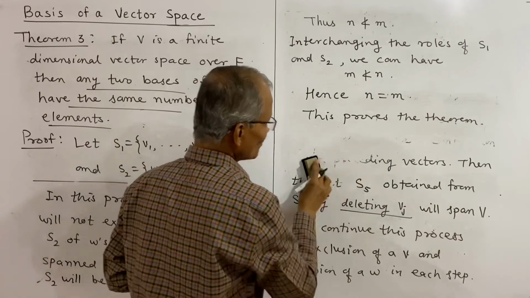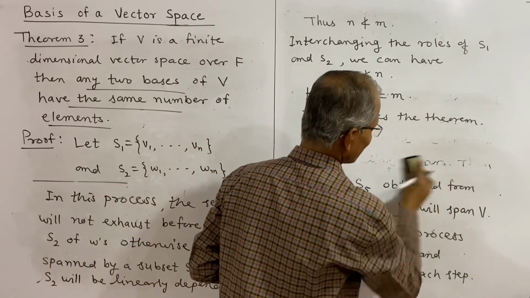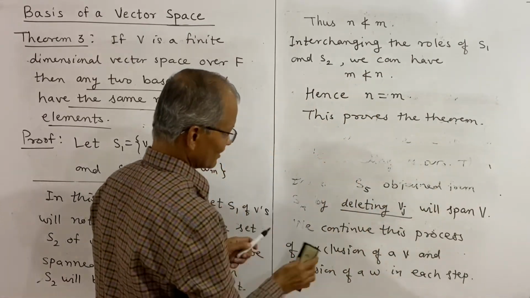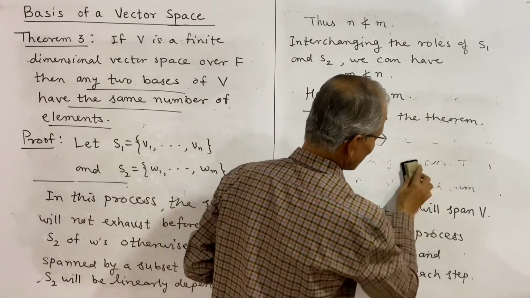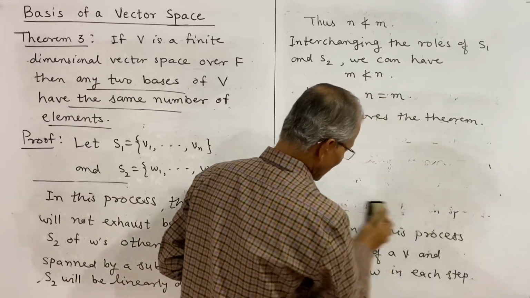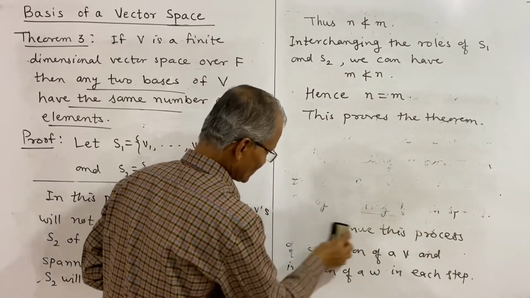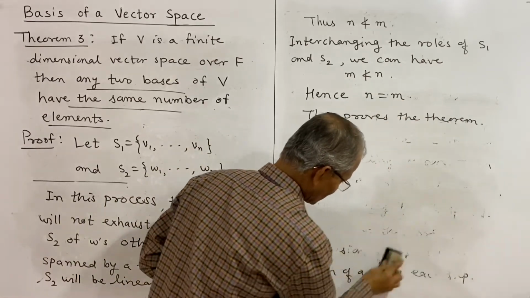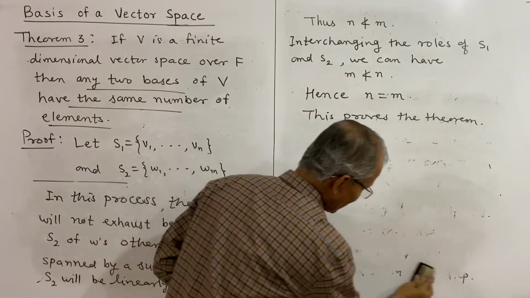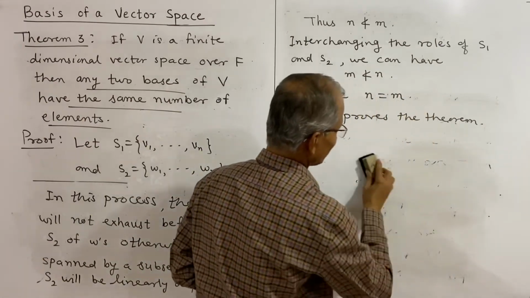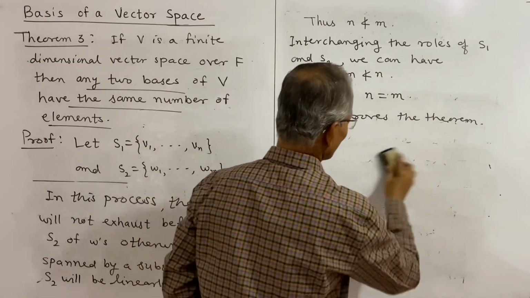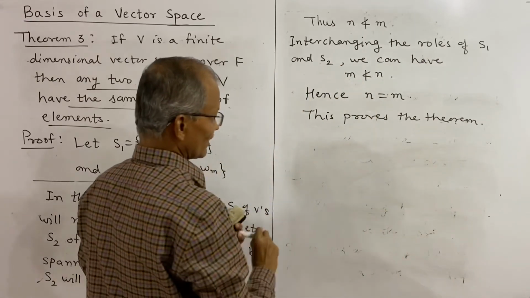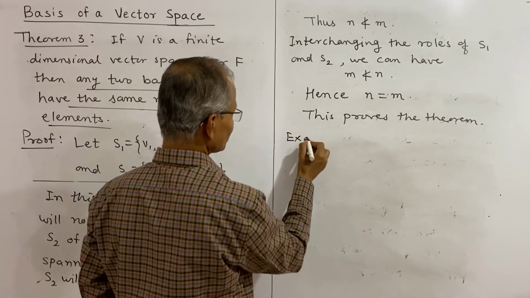So thus we have proved that any two bases of a vector space contain the same number of elements. An example can be taken to show that two bases have the same number of elements, that we shall write as an example for this.